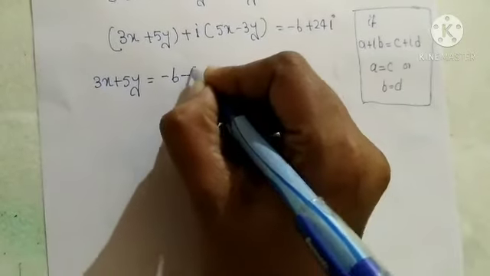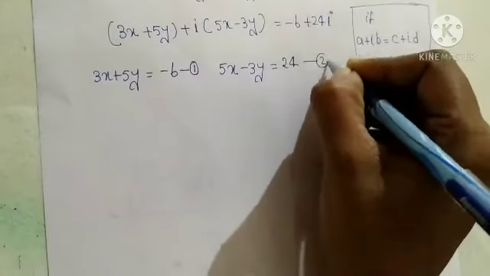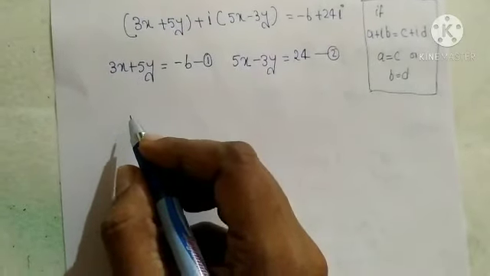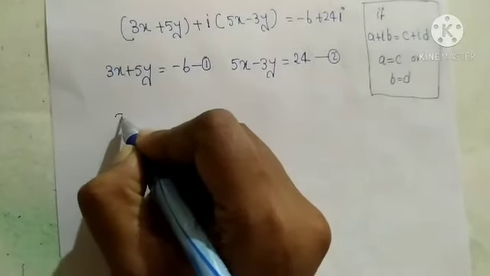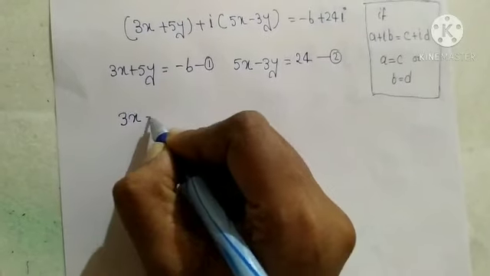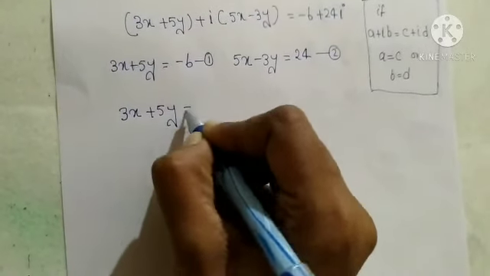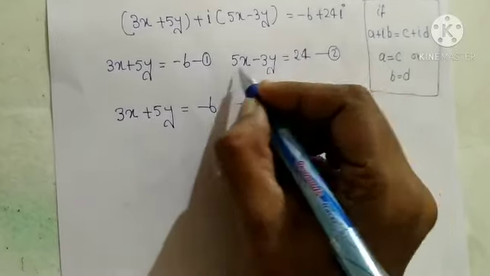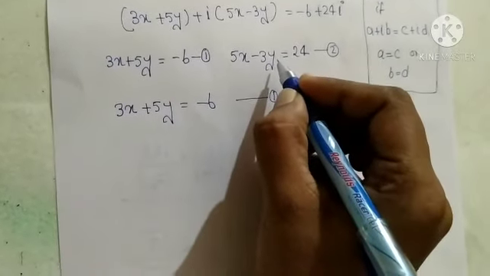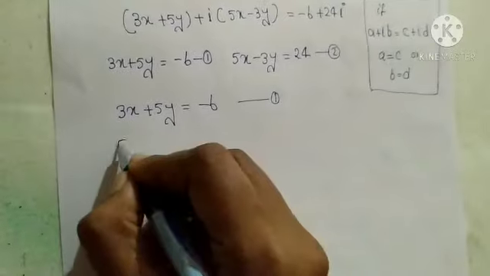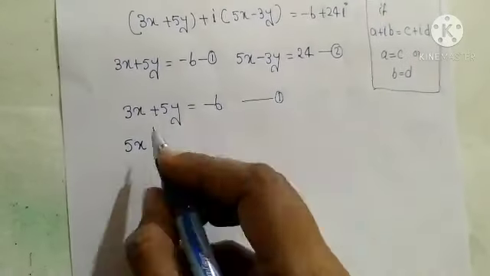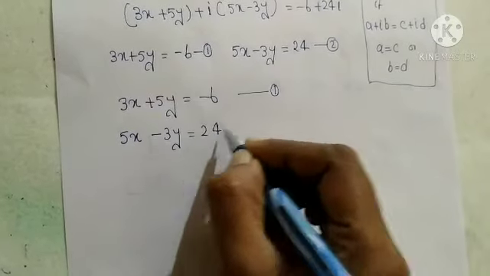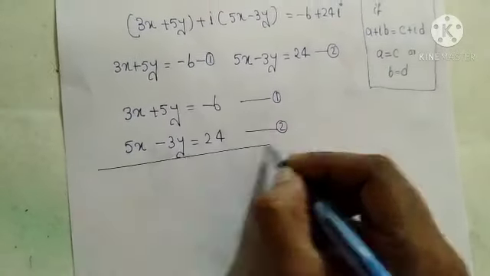Let us name them equation number 1 and equation number 2. So I am going to find out the values of x and y. We can write 3x plus 5y equal to minus 6, that is our equation number 1, and the second equation as 5x minus 3y equal to 24.